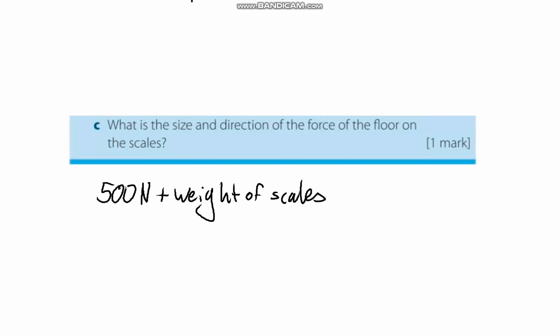And the direction of that force of the floor on the scales is upwards. So we know that the student and the scales are pushing down on the floor with their weight, and therefore there's a reaction force by Newton's third law of the floor on the scales, which is equal to that 500 newtons the student plus the weight of the scales, which we don't know, and the direction of that is upwards.